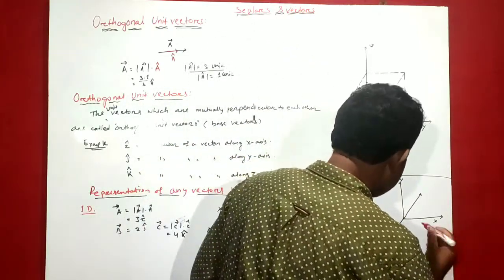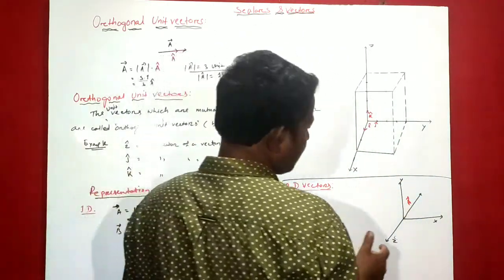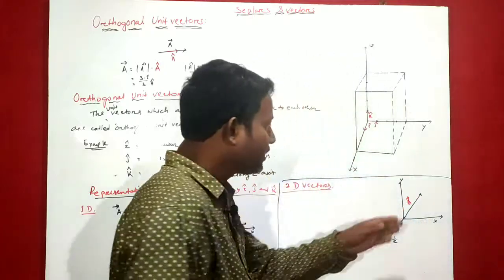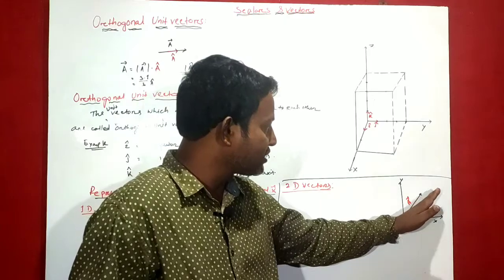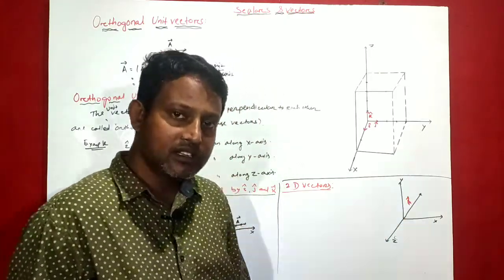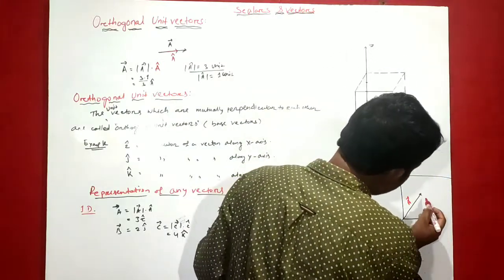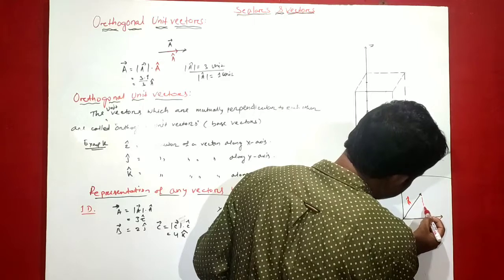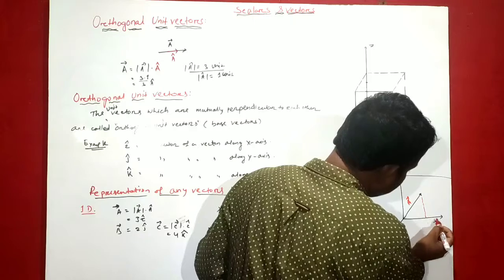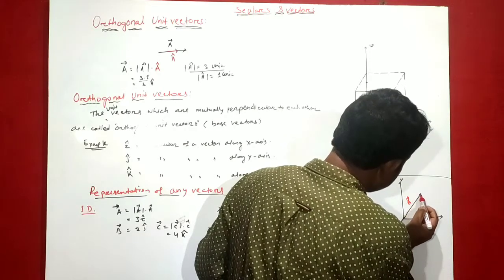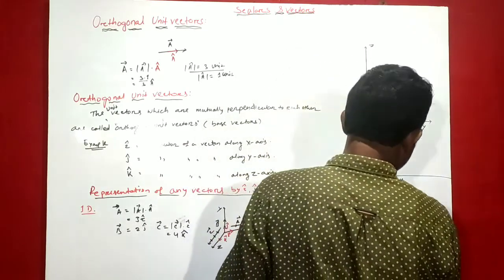Here, like this is a vector A. How can we express this vector? This is a 2-dimensional vector. It lies on a plane, the xy plane. Let me draw a perpendicular from the head of A to the x-axis, and another perpendicular to the y-axis.